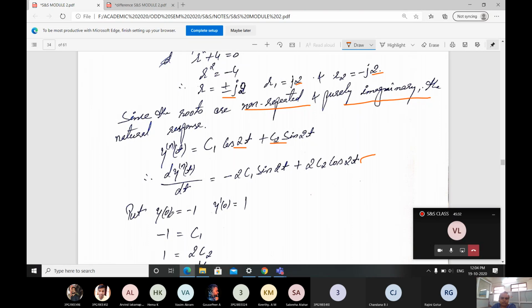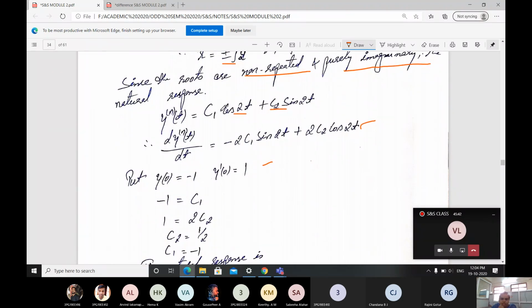Then put y of 0 equal to minus 1 and y dash of 0 equal to 1. It's given for us already. Therefore, just substitute t as 0 in both the equations. So we will be getting, when I substitute here, sin 0 is 0, cos 0 is 1, right?